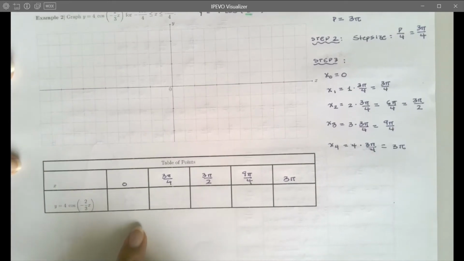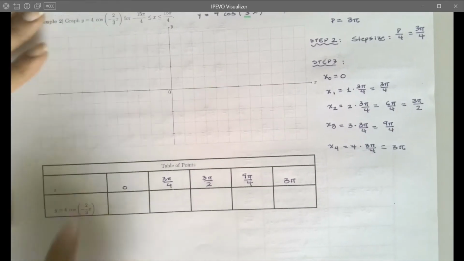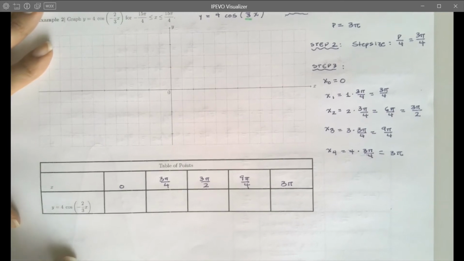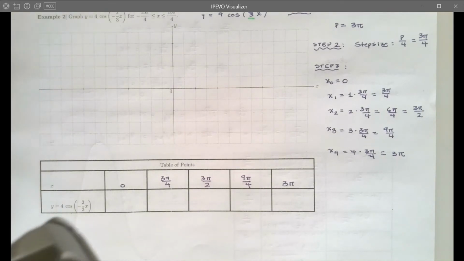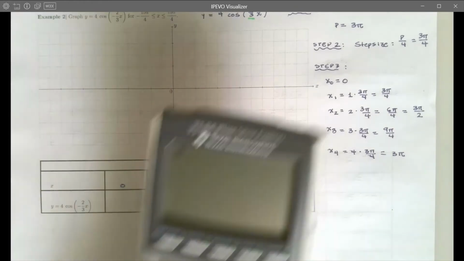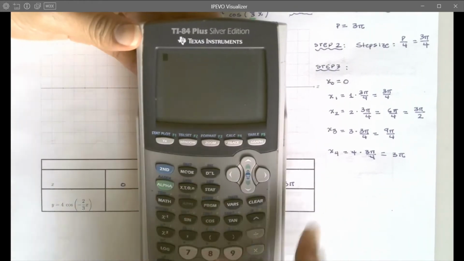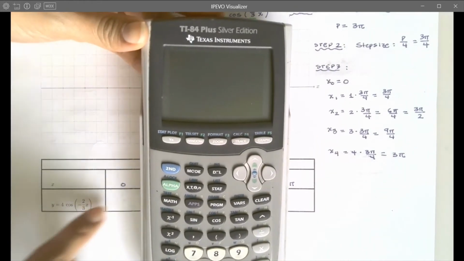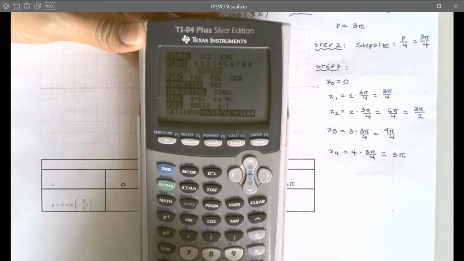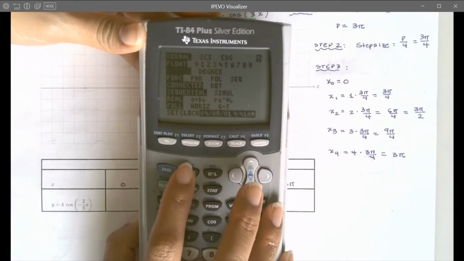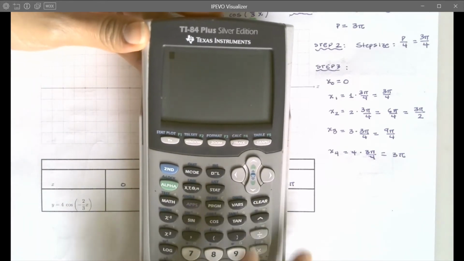And now what we have to do is take those values and plug them into the equation. So just to make our work go by a little bit faster, I'm going to rely on my calculator to do this, because that way I can just simply go ahead and do second enter and change my x value. First thing that I'm going to do is make sure that I switch to radians, and then we can start plugging in.